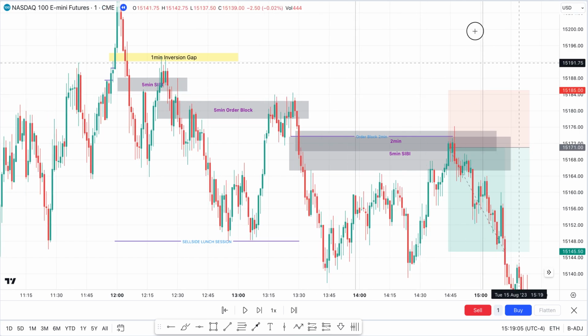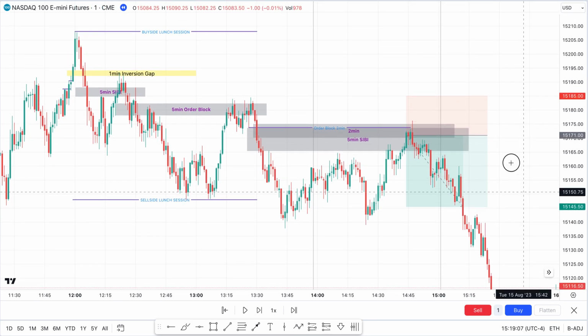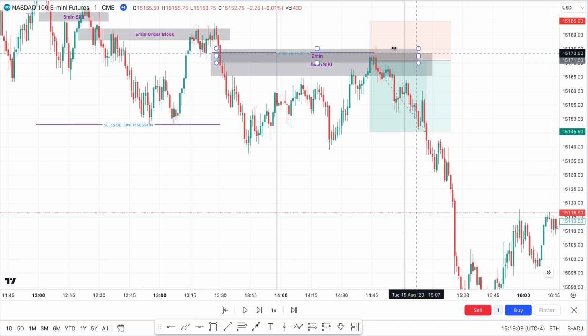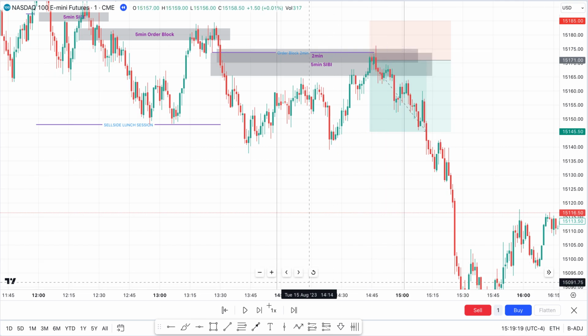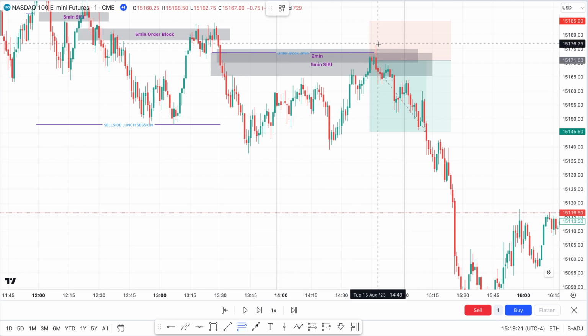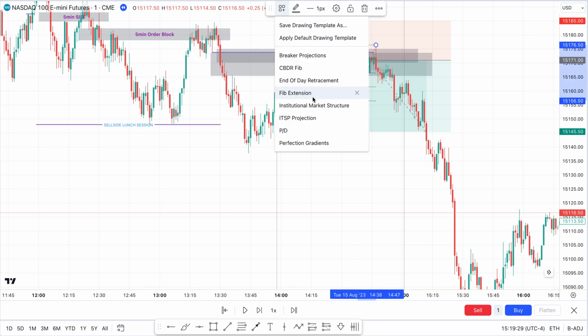and we would be using as a target this high, since it fell within the fair value gap swing high. It becomes the intermediate term swing high, and we're drawing it out to the first swing low, using that as a projection.